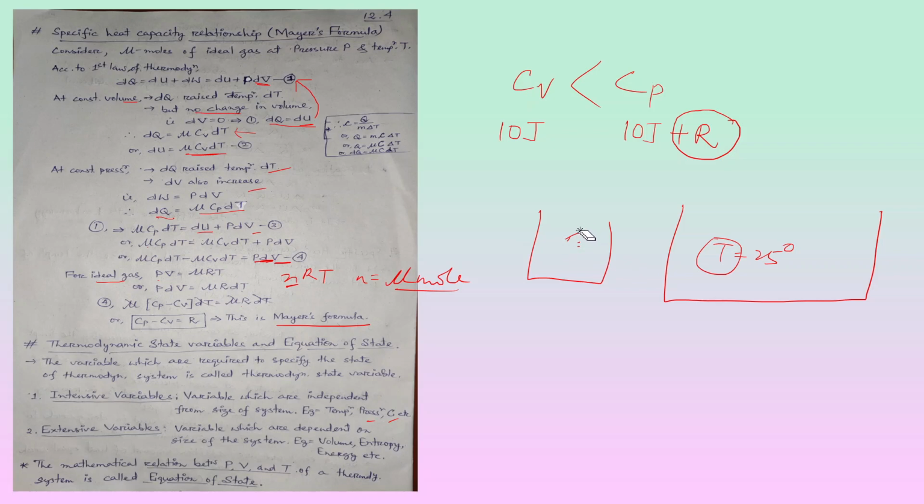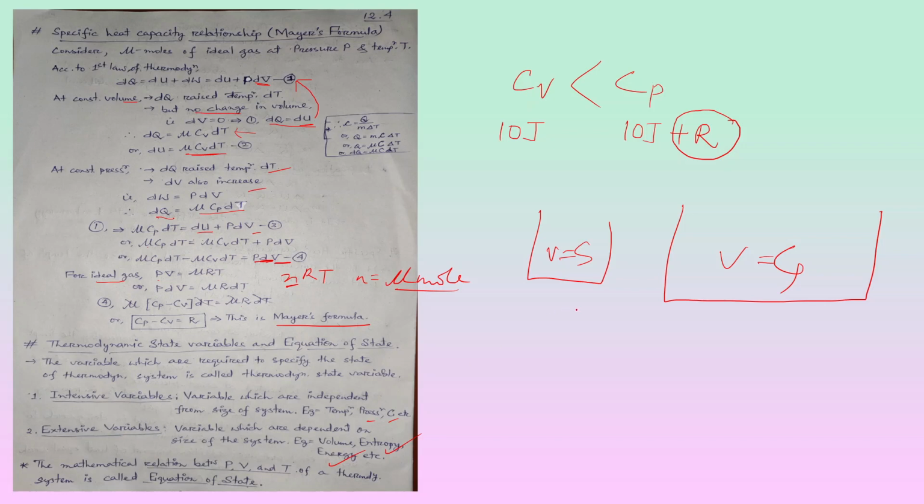Here the volume is greater, and here the volume is smaller, because volume depends on the size of the system. Similarly entropy and energy, all these variables depend on the size of the system. That's why they are extensive variables.